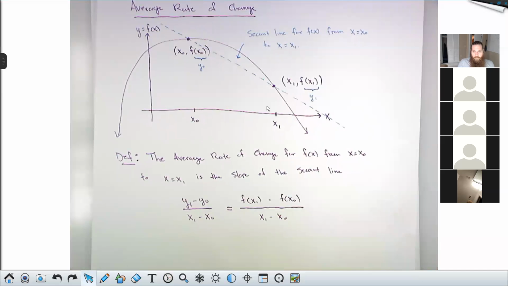A neat thing to think about here is what we call units. If you've ever taken a chemistry or a physics class, you've no doubt discussed units and dimensional analysis.